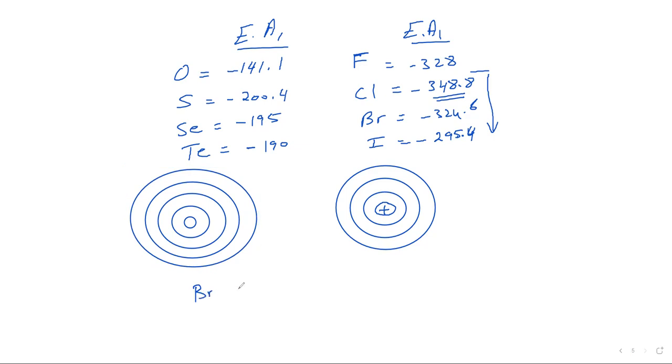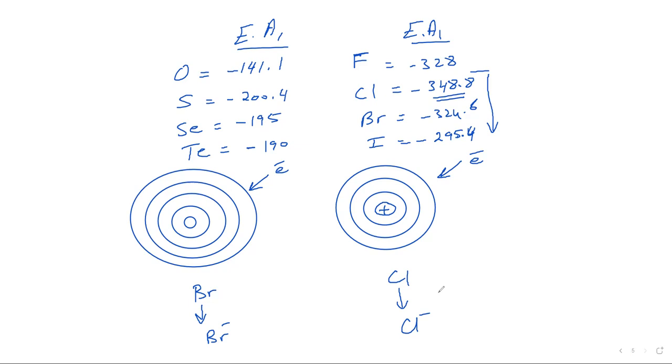This is the bromine atom, and this is the chlorine atom. Now, both of them would like to accept an electron in order to change to the bromide ion or the chloride ion. So which one of them would you expect to accept the electron more easily? Will it be the chlorine or the bromine?